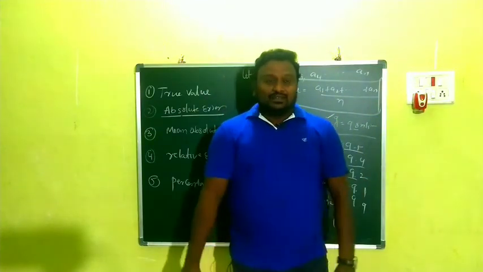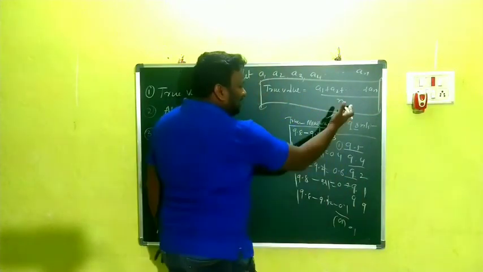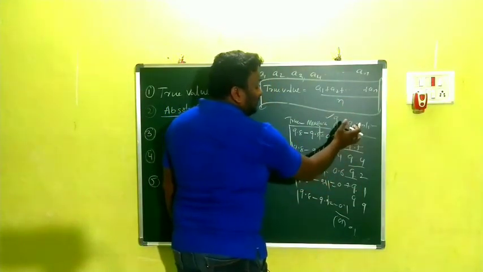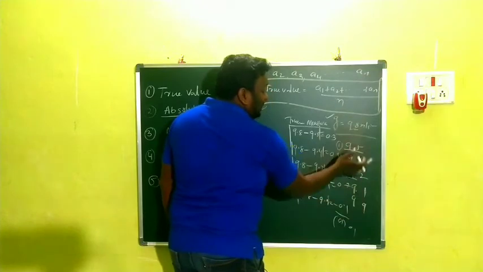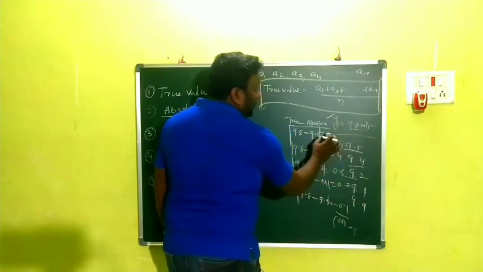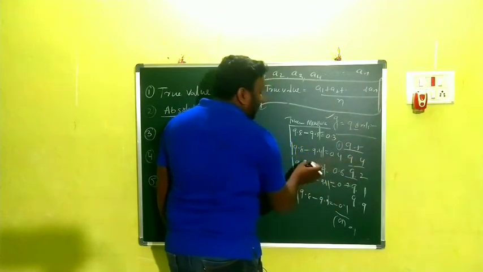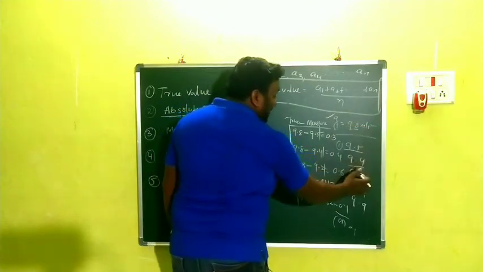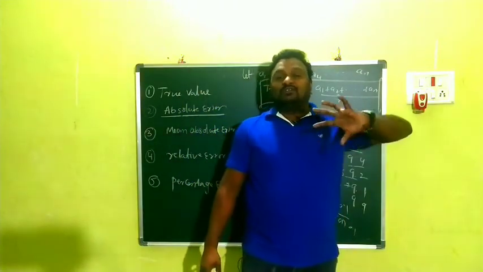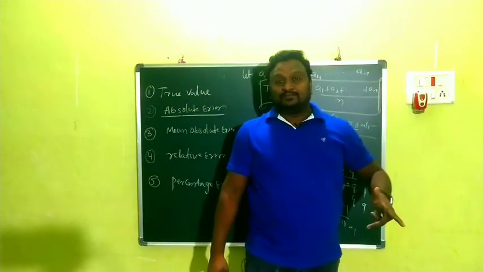Clear? In this example, we are comparing every value with 9.8 only. We have to check how much difference there is each time. Consider 9.8, 9.5, 0.3; 9.8, 9.4, 0.4; 9.8, 9.2, 0.6, like that. We have to compare how much difference there is.